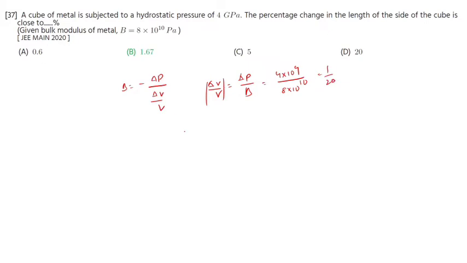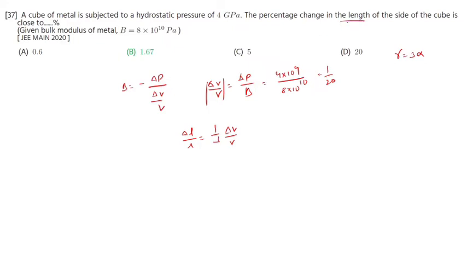Okay, but we know that delta L by L is equal to 1 by 3 into delta V by V. According to the formula, that is gamma is equal to 3 alpha, basing on this. So now delta V by V value we got.